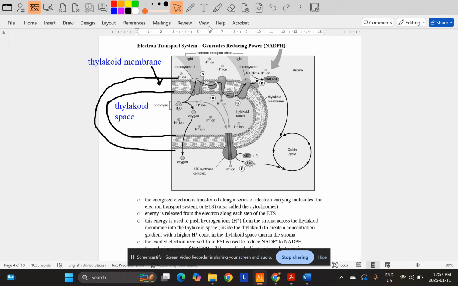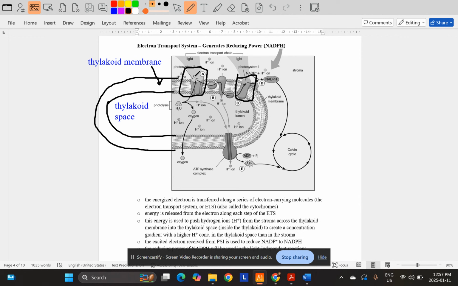So we talked about there's photosystem 2, and light stimulates it, an electron gets raised up to a higher energy level, and then here's photosystem 1, photon of light hits it, and an electron gets raised up to the higher energy level. Where are these electrons coming from, you asked? Well, right in here.